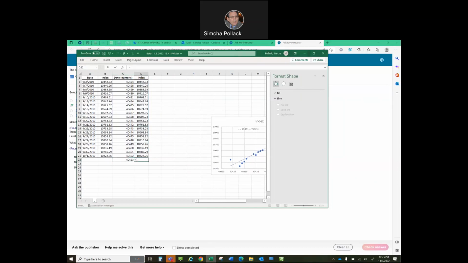Well, it's going to be equal to the date sequence, which was C22, multiplied by the slope. Remember, the slope times the X value, 19.191. And we're going to add to that the intercept, minus 765.431.